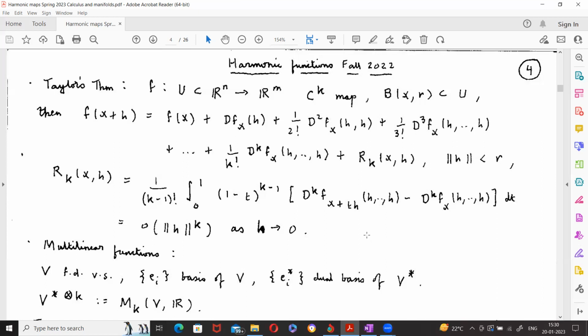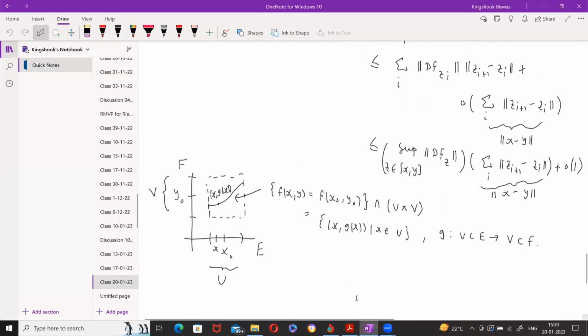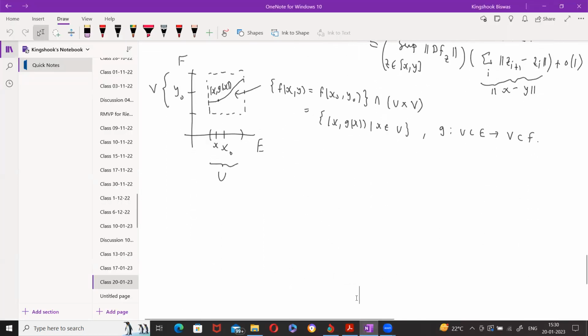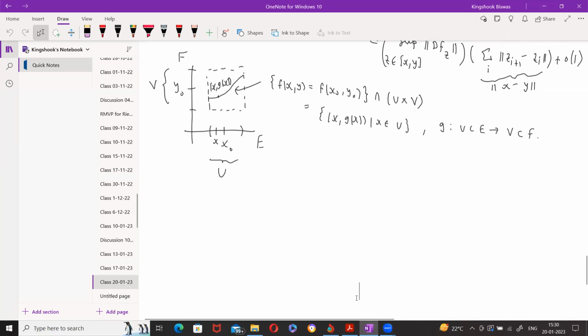This multivariable Taylor formula, how do you see these terms as polynomials? Well, let me just show you. Let's say the first term in the Taylor formula. You take df_x of h. This is df_x of summation h_i e_i.